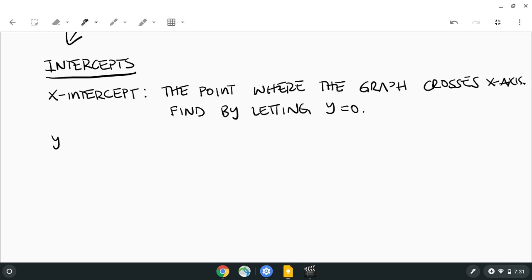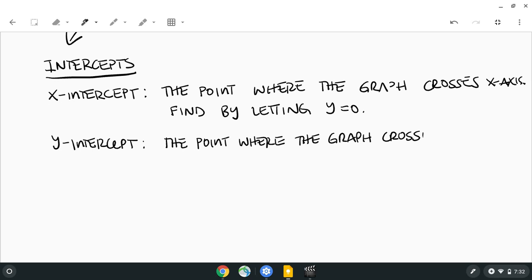Okay, and then the y-intercept. This is the point where the graph crosses. Oh, did you just complete my sentence at home? The y-axis. Yes, you are right. Okay. And you find this by letting, what do you think it is?